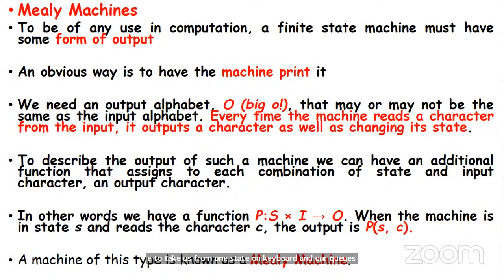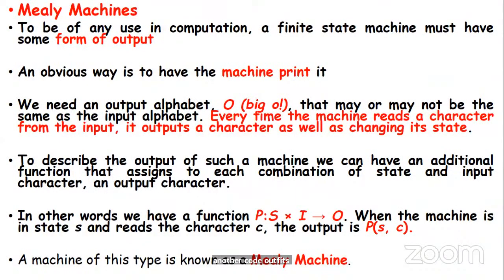So in that light, let us consider a machine called the Mealy machine. To be of any use in computation, a finite state machine must have some form of output. An obvious way is to have the machine print it out. We need an output alphabet. You can see we have introduced another formalism, another variable called the output alphabet.